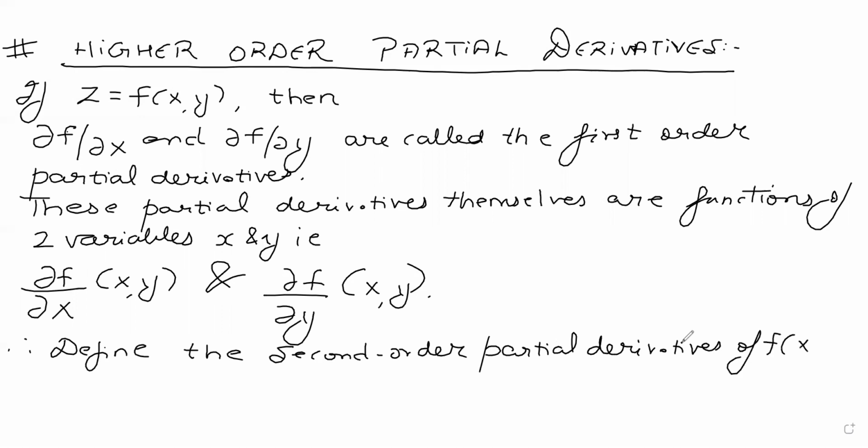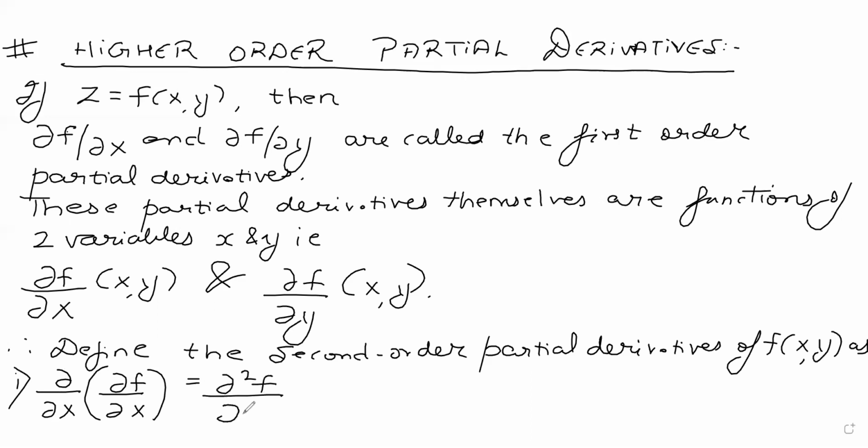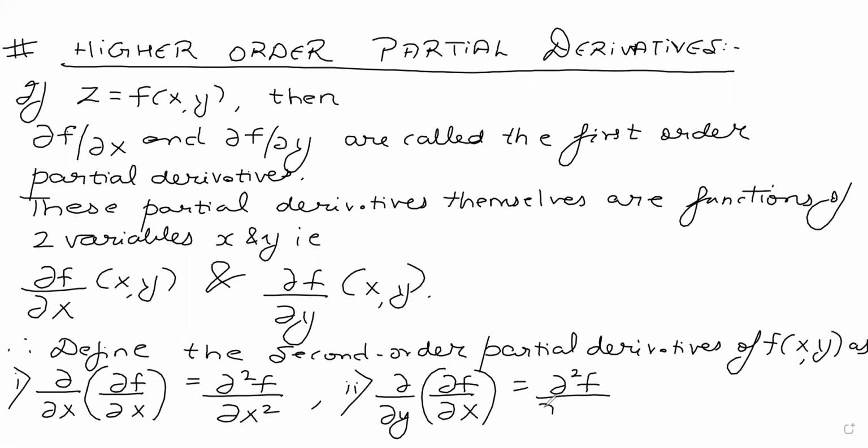Define the second order partial derivatives of f of xy as follows. Del f by del x, if I again partially differentiate it with respect to x, what do I get? Del square f by del x square. Del f by del x, if I differentiate with respect to y, I get del square f upon del y del x.